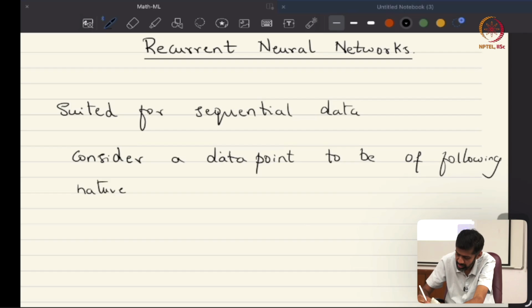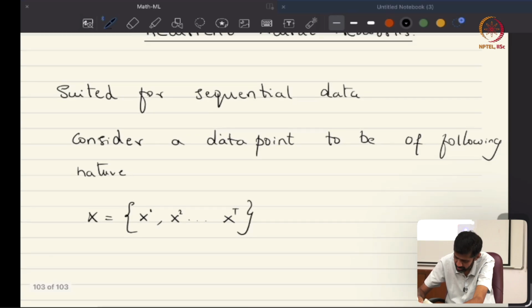We have x, which is a sequence x_1 to x_T, where capital T is the length and each x_t is a d-dimensional vector.